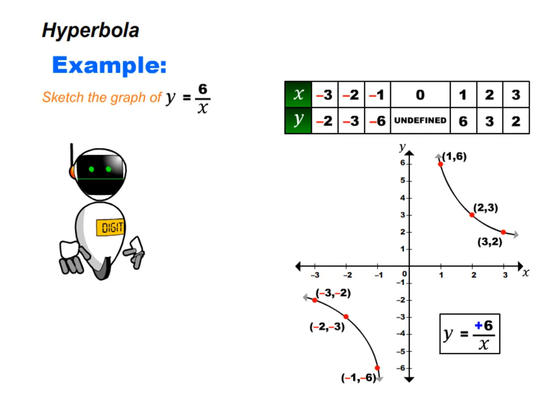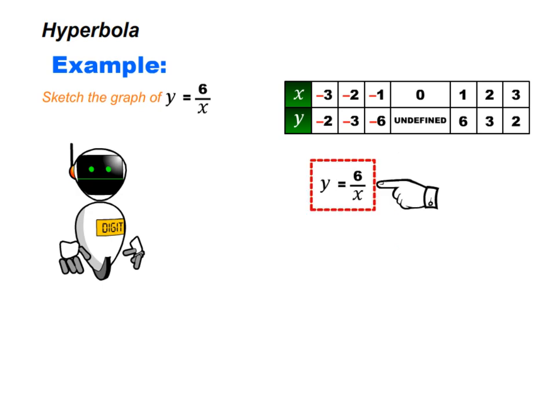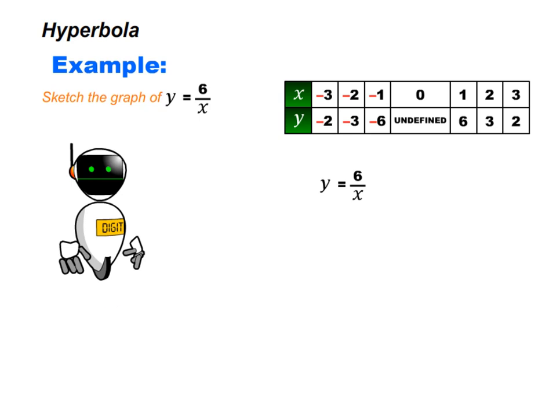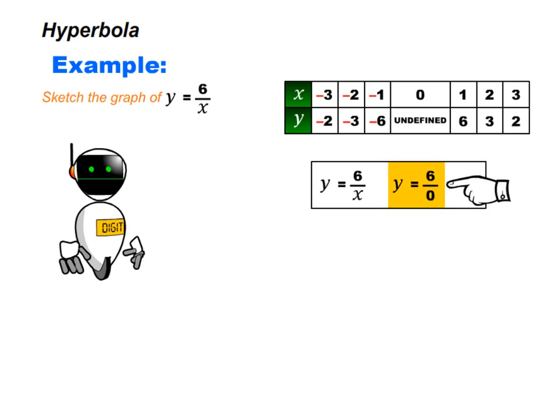Okay, let us remove the graph. Look at this equation. If we want to calculate the y-intercept, then we must make x 0, because x is equal to 0 on the y-axis. So far we have y is equal to 6 over 0.